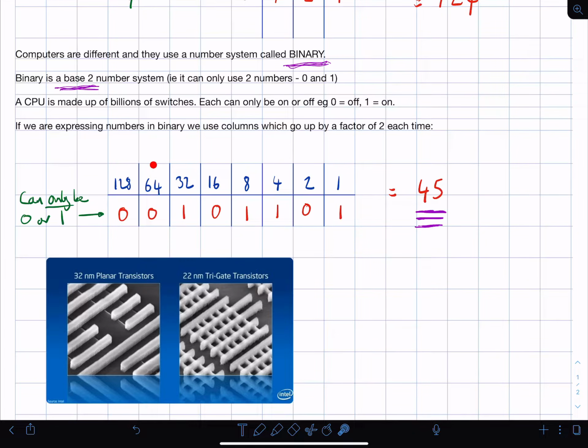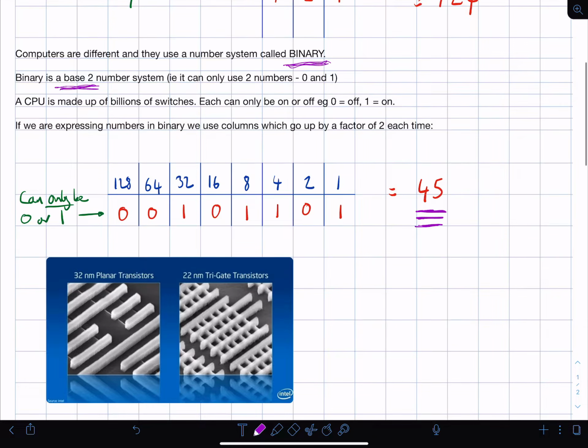How many 64s are in 45? None. We can't fit any in. So we move to the next column. How many 32s are in 45? Well, we can fit 1 in. So we put a 1 in this column and subtract 32 from 45. That leaves us with 13. So that's where we are at the moment.